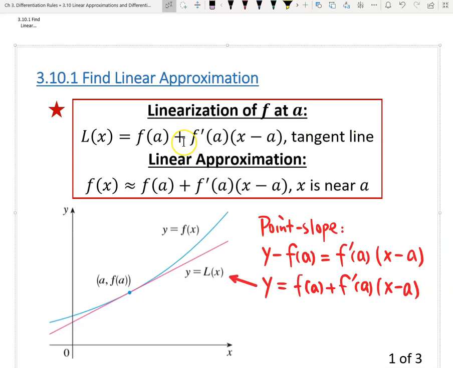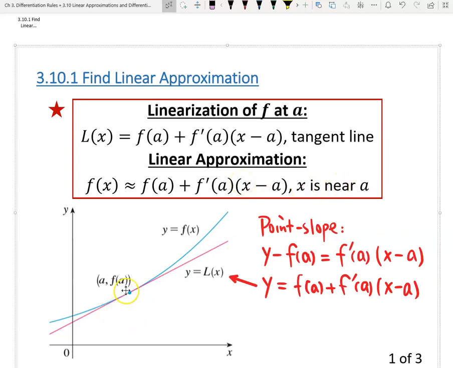Now this tangent line we set up as a function L(x). This L(x) is just the linearization, right? So that is the formula. Now the second point: we can use L(x) to approximate the original curve just around a, which means a linear approximation. What does that mean?